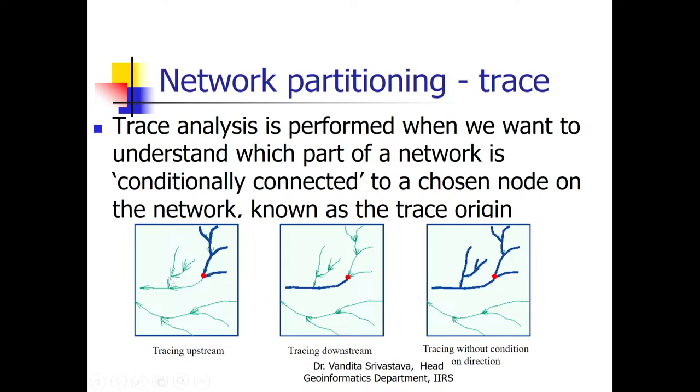So you make conditional connections and analyze the network in terms of input and output, and accordingly you can trace the leakage point with the help of the trace command. All of these commands are implemented in most GIS software to find this conditional connection.